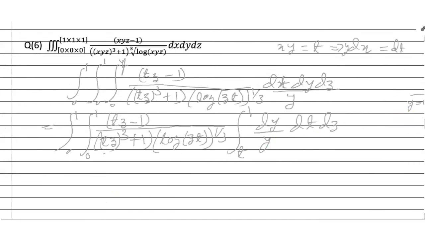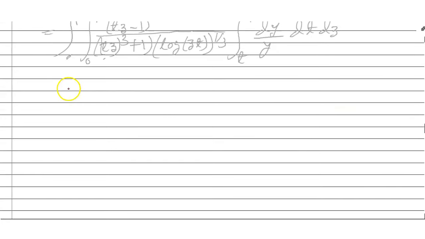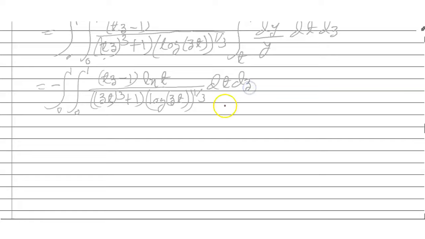And now it can be written this way: 0 to 1 and 0 to 1, (tz minus 1) into (zt) whole cube plus 1, and log (zt) to the power 1/3 is equal to minus ln t dt into dz.